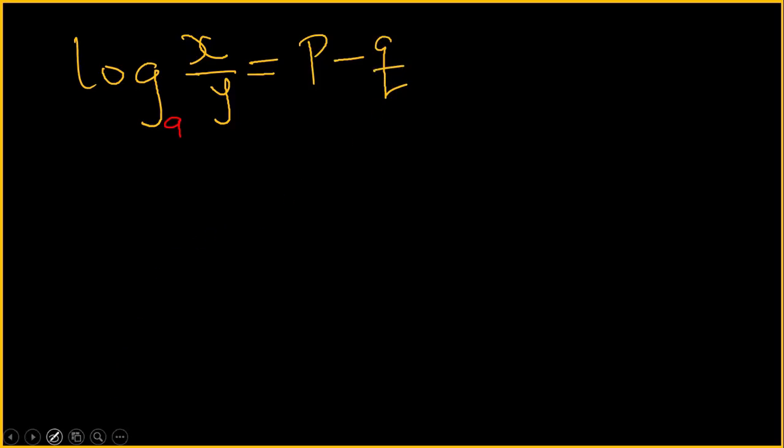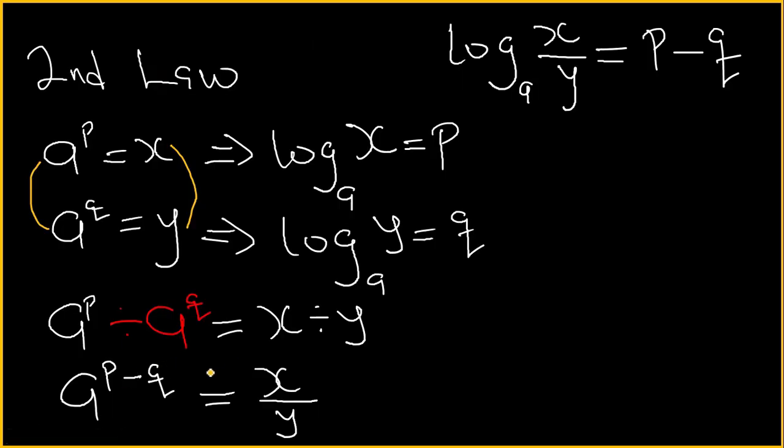Now, in our previous section, we stated that log x to the base a is equal to p and log y to the base a is equal to q. So from our right hand side of the equation, we have p, which will be substituted with log x base a. And we also have q, which will be replaced with log y base a.